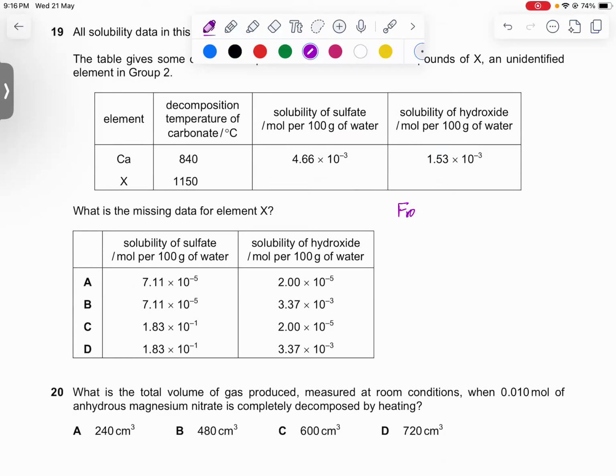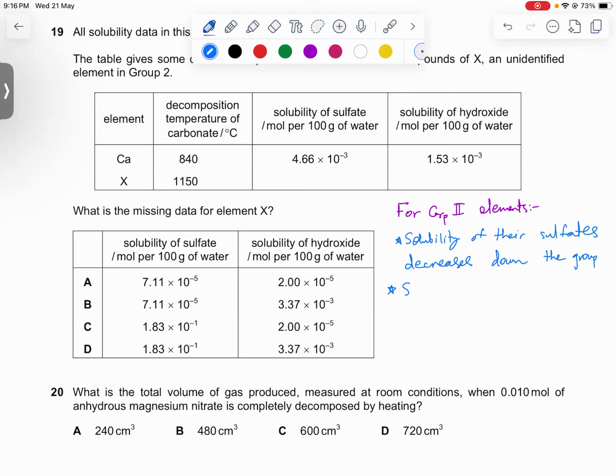For group 2 elements, solubility of their sulfates decreases down the group, and solubility of their hydroxides increases down the group.